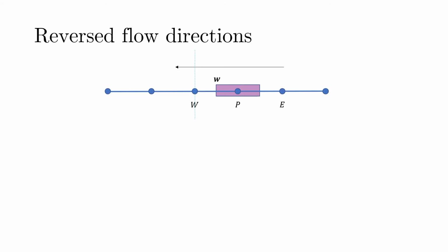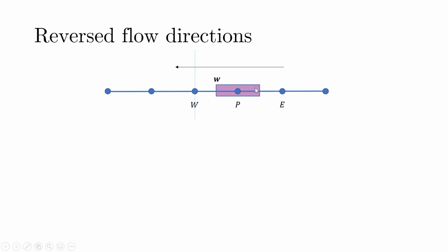Now this is about the positive velocity side of things. I'll give you a glimpse of how this system would be modified if we have negative velocity. Let us say we have a velocity in the negative direction now. If I look at the west face, point P is the upstream point, point W is the downstream point, and then point capital E would be the second upstream point.